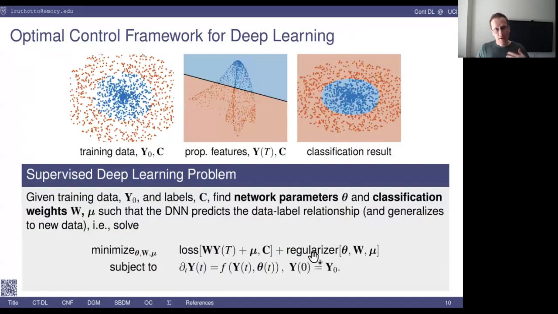In any case, you can now think about the problem in continuous time. So if you have a supervised learning problem, then rather than having this messy forward propagation with a discrete number of layers, you could think about this as a control problem, or as an inverse problem that is dynamic, where you want to learn network parameters based on some input and output observations of your model.